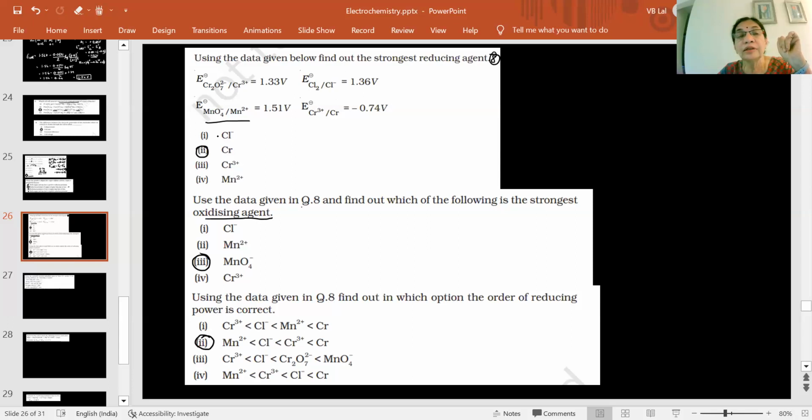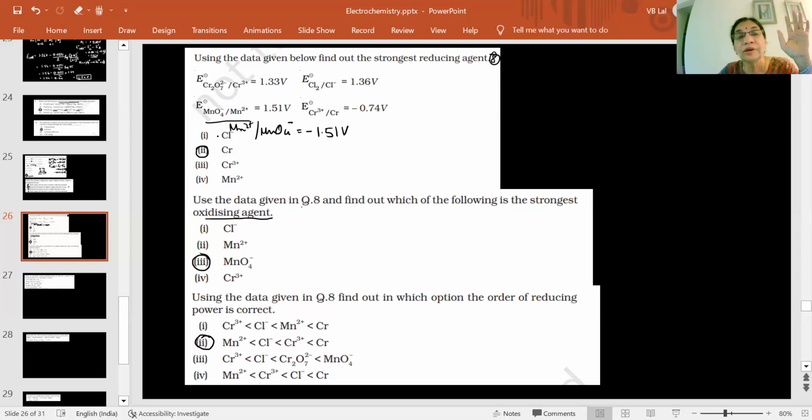Right? So if I reverse it, that is Mn2+ to MnO4−, then it becomes the reduction potential, and the value will become −1.51 volt. And that will be the lowest. See, all of them which are given here are not necessarily oxidation or reduction potentials.